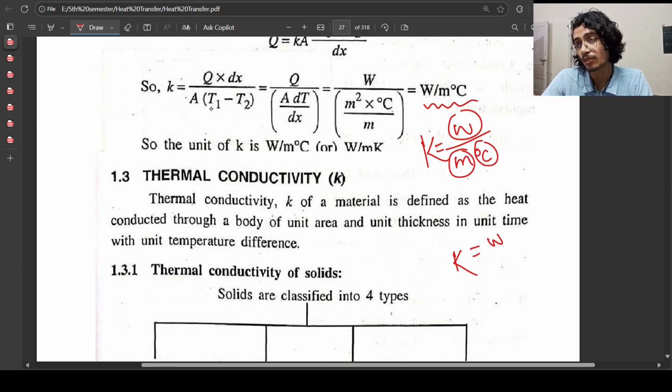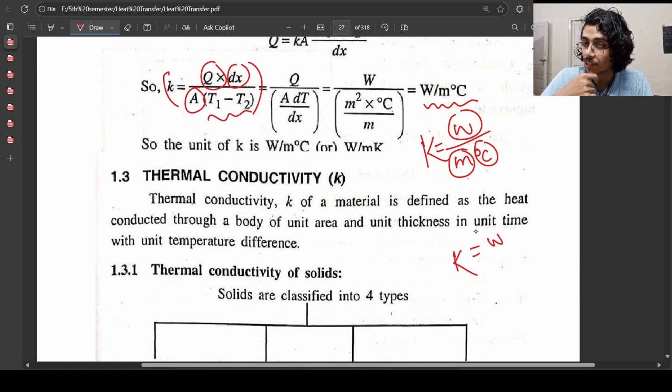It will be better if you provide the definition from here as well, that K is equal to Q when dx is equal to 1 and A is equal to 1, T1 minus T2 is equal to 1, and you also take into consideration unit time. Why? Because this Q already comes with time, like watt already comes with what?